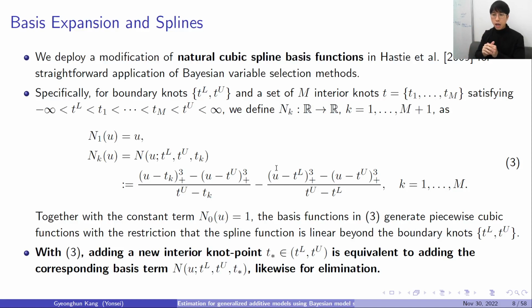And secondly, with this formulation, the addition and deletion of a knot directly corresponds to addition or elimination of a column in the design matrix, right? Without having to alter the rest of the columns. And that makes applying the variable selection algorithm to our estimation methods very straightforward, right?